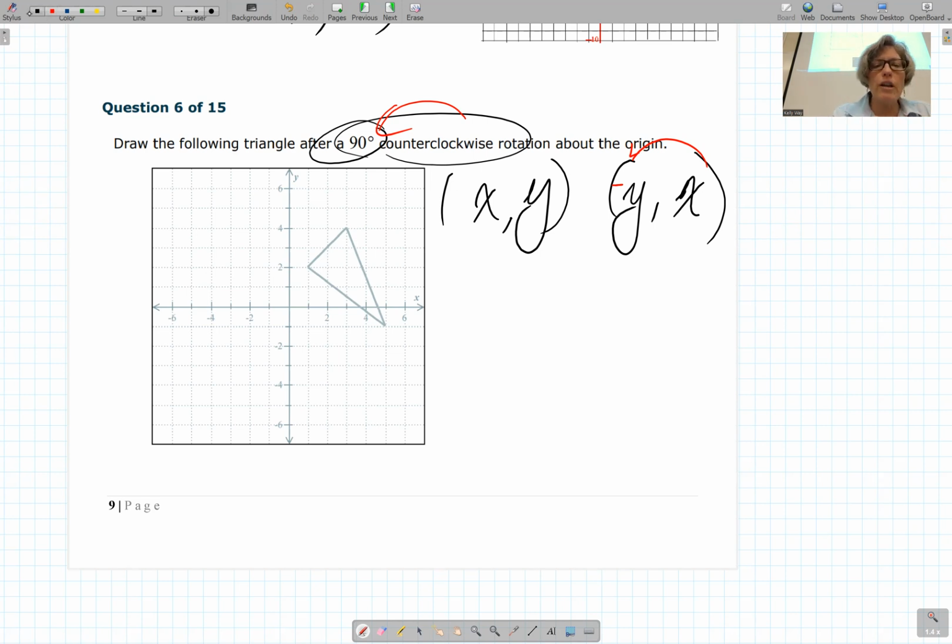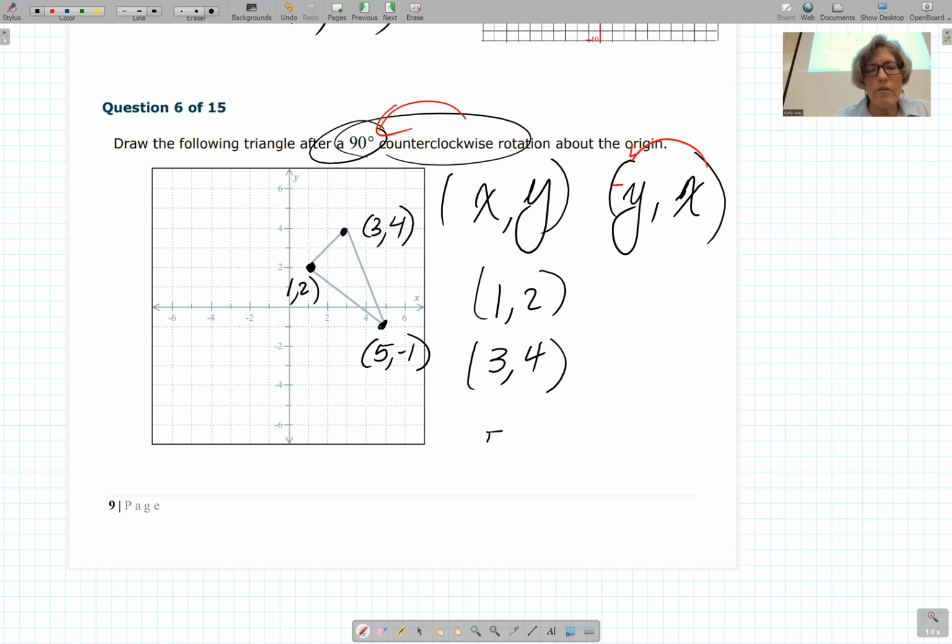So we have to find these 3 points. 1, 2, 5, -1, 3, 4. So 1, 2, 3, 4, and 5, -1. All right, so we're going to switch and flip to the left. So first we switch.